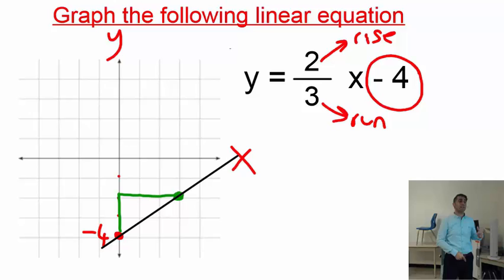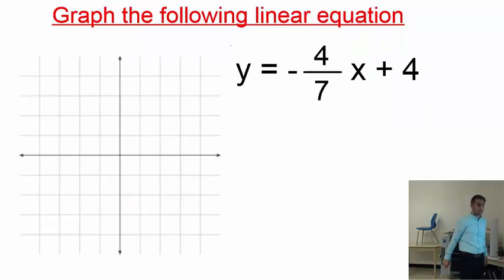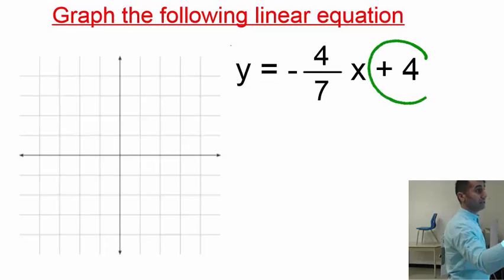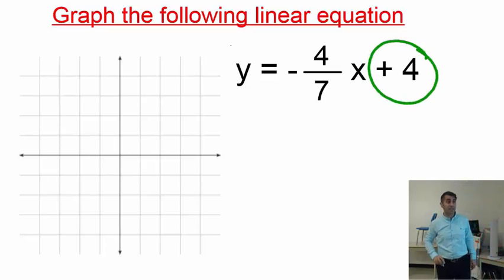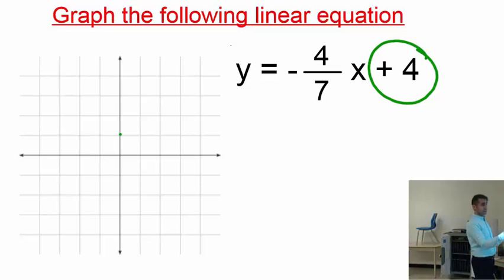Now let's make a different example. First, let's look at the y-intercept. In this case, it is positive 4: 0, 1, 2, 3, 4. So the first point is this. Now I'm going to rise up or down.